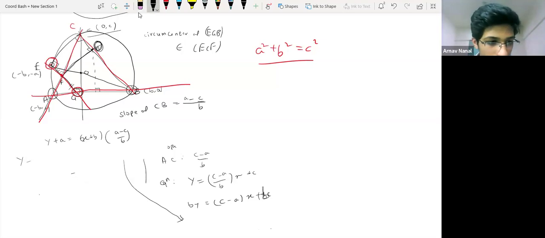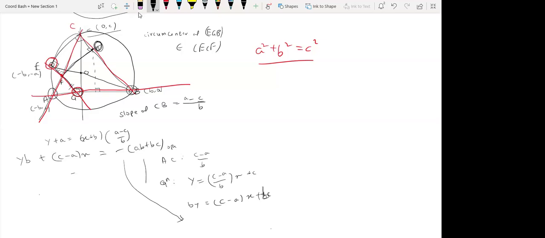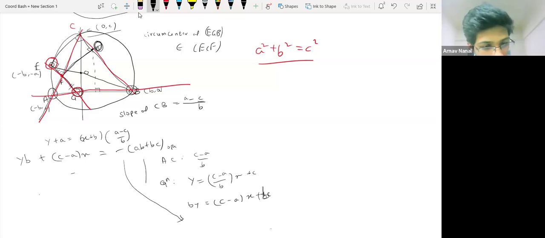Yeah, okay, so this is yb plus c minus a into x is equal to minus of ab plus bc, right? Yes, I hope. How are we getting this equation again?